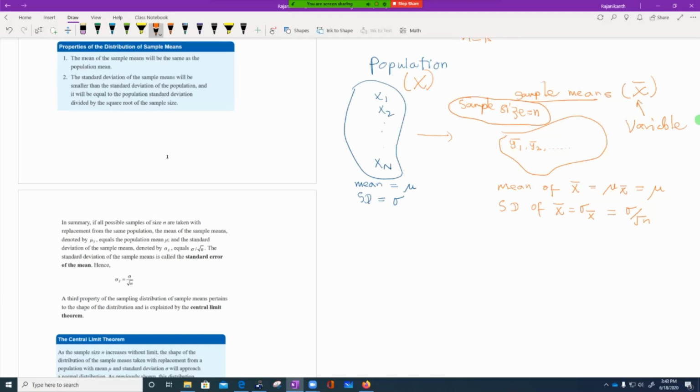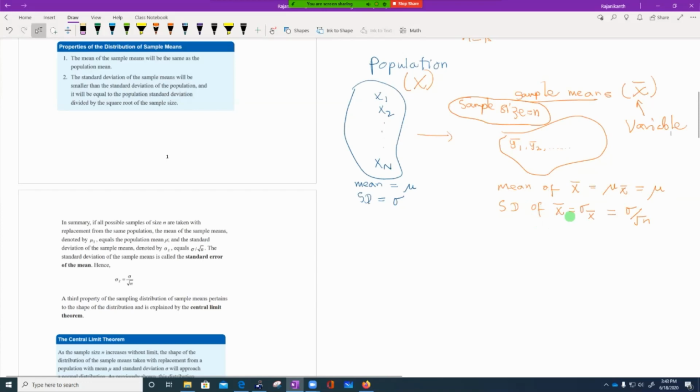Suppose you know the mean of the population, that mean of x is say mu, and the standard deviation of x is sigma. Then the mean of x bar, which we denote by mu sub x bar, is always equal to your population mean.